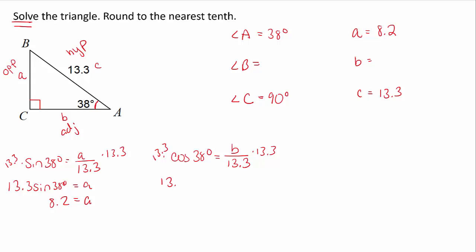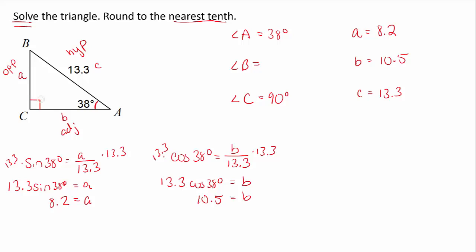And so I have 13.3 times cosine of 38 degrees equals B. Okay, and then this math gets done in a calculator here, and we have that B is equal to 10.5. So at this point, we found all the side lengths to the nearest tenth, which is what we were asked for. Now we just need to find angle B.